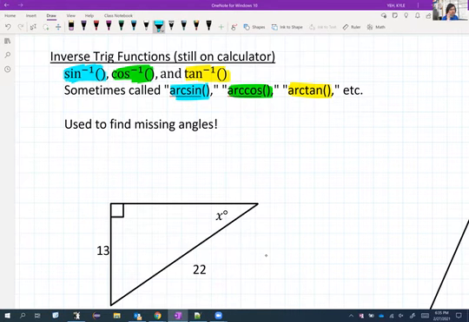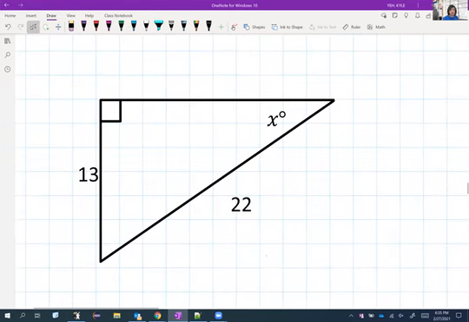Now, we use the regular trig functions to solve for missing side lengths. All is good for us. What if we're missing an angle? That's when we're going to use the inverse of our trig functions. Let me demonstrate. Right here, right triangle, I know that that left-hand leg is 13. The hypotenuse is 22.